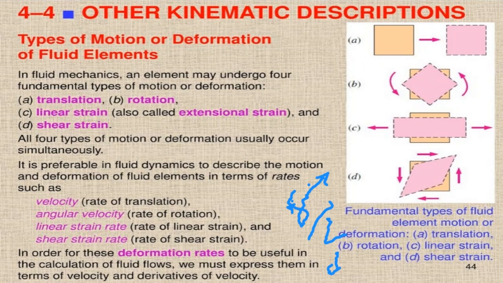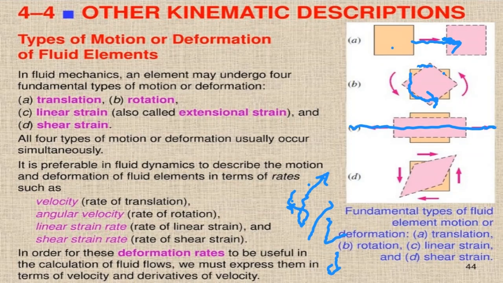So if you look at the picture on the right, you see that there are four kinds of motions. The first one is just a moving fluid particle. The fluid particle is just moving from left to right. The second one is a rotating fluid particle. It's rotating counterclockwise. In the third, you see a fluid particle being strained linearly.